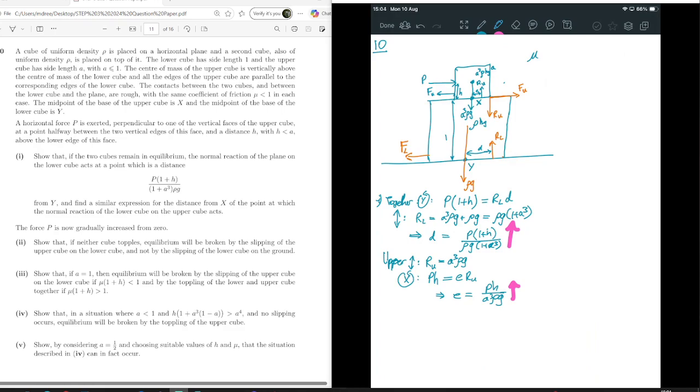And this is an interesting idea, because as soon as this D distance here gets bigger than 1, the reaction force is now on the outside of the diagram. Well, that's exactly the condition that this is toppling. And similarly, no, not less than 1, less than a half. As soon as it gets bigger than a half, sorry. So as soon as this is greater than a half, we're toppling, and as soon as this is greater than a over 2, we're toppling. May be relevant later in the question.